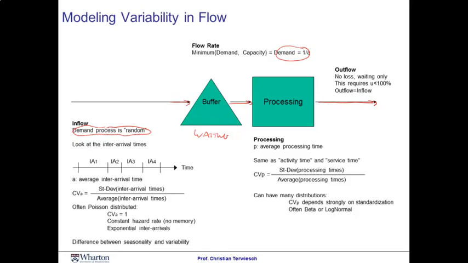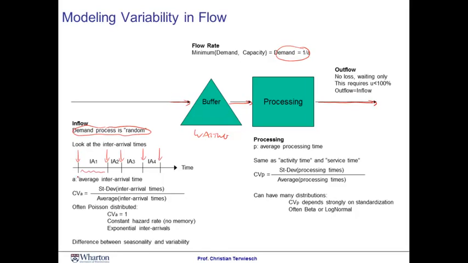So a formal way of capturing this is we define the arrival times as the time when patients arrive to the practice, and then we define the inter-arrival time as the time between two subsequent arrivals. When we say that the arrivals are random, what we really mean is that these inter-arrival times are drawn from some underlying statistical distribution.